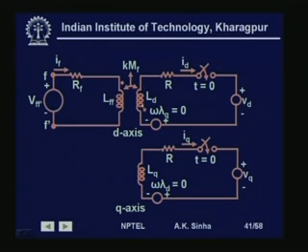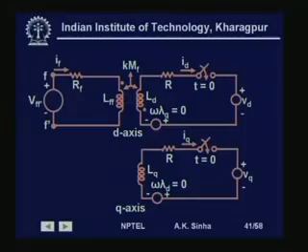Here we have KMF as the coupling factor, LD is the direct axis inductance, R is the resistance of the stator winding, and omega lambda q is the speed voltage generated because of the q axis flux, because the voltage is normally generated at 90 degrees to the flux. So, this relationship is there: q axis flux generates the direct axis voltage.